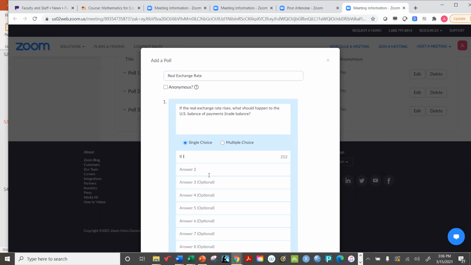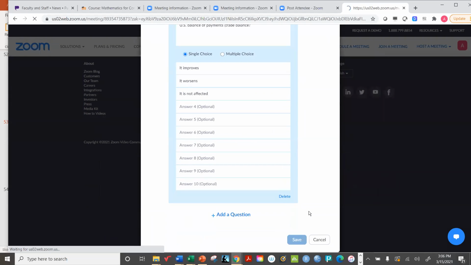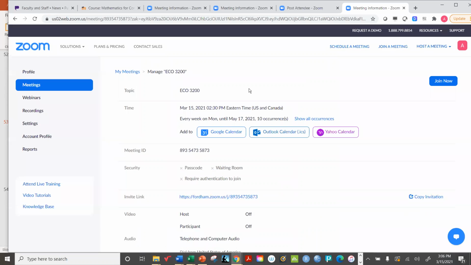It improves, it worsens, or it is not affected. So let's find out. What do people think about that? Ooh, people are reluctant to vote.